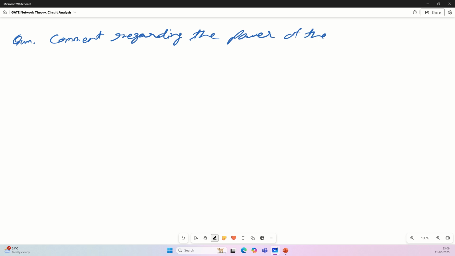Let us say a very simple question: comment regarding the power of the following elements. So what are the elements? I will quickly draw them and you have to write them by yourself.